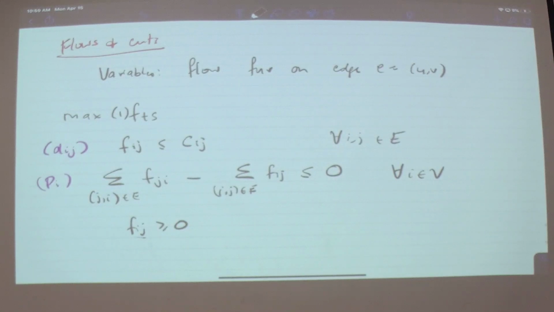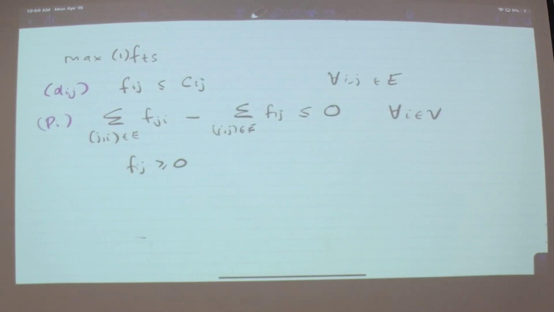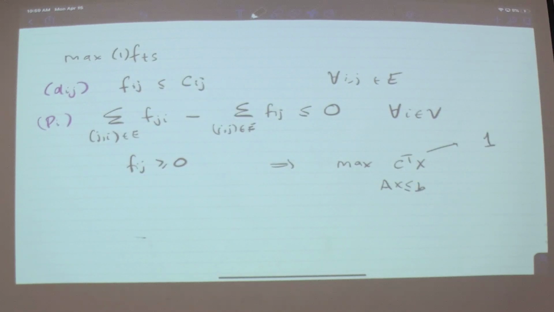So now, if you think of this in the form maximize C transpose X subject to AX less than or equal to B, what does this look like in canonical form? It looks like maximize C transpose X subject to AX less than or equal to B, where C is a 1 and a bunch of zeros. The only value in C that is non-zero is the 1 value for FTS.